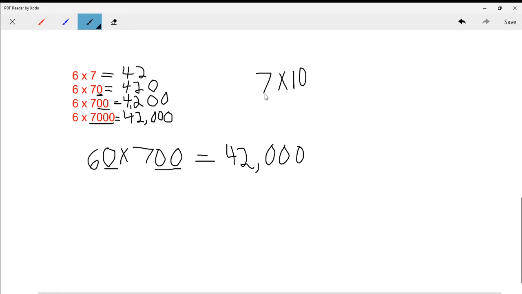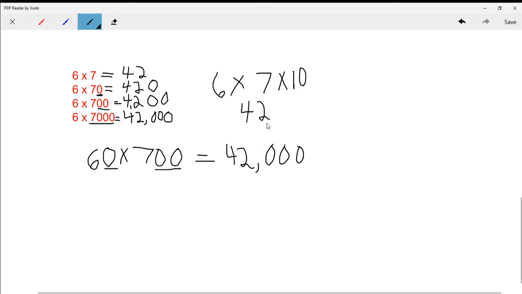And because of the associative property, I know that 6 times 70 is the same as 6 times 7 times 10. And so we end up doing 42, 6 times 7, right? And then we have 10 groups of 42.